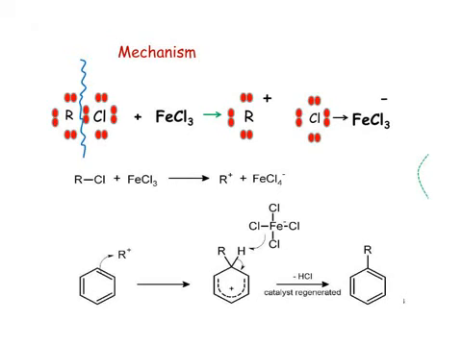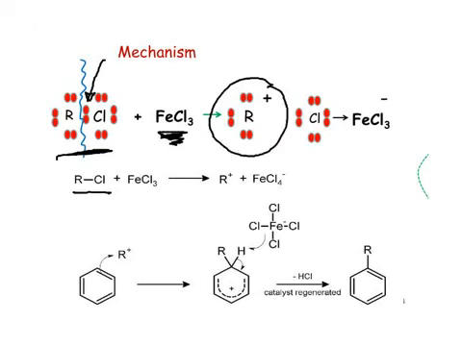And there's a reminder. Here we're using the Friedel-Crafts catalyst FeCl3. We've got our halogenoalkane, alkyl halide, R-Cl. Look how this bond, this shared pair of electrons in the R-Cl bond breaks, both going to the right, creating this very important species here, R+. It's producing FeCl4 with a minus charge.